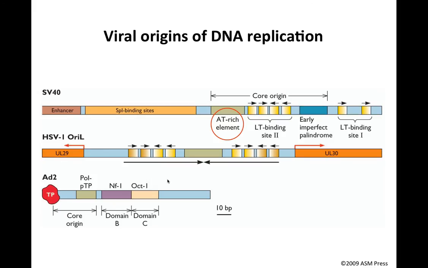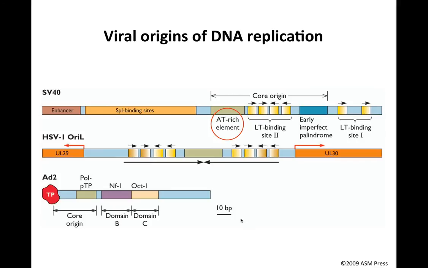Let's look even closer at these origins. Here are 3 of them in very great detail: the SV40 origin, the ORI-L origin of herpes simplex virus type 1, and the left end origin of adenovirus type 2. These have some features in common, and I want to highlight 3 of them in particular.